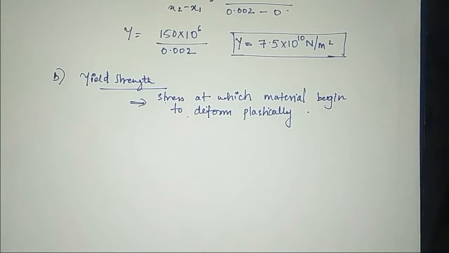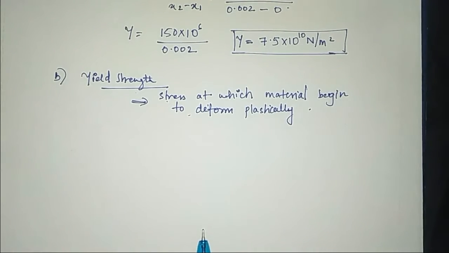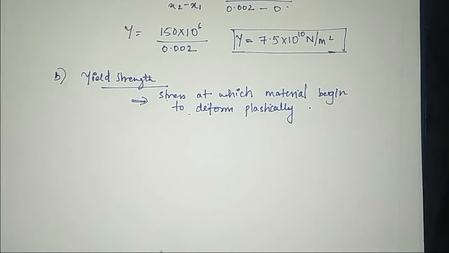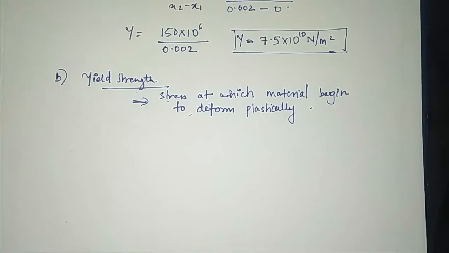So what do I mean by that? As you can see in the plot, there is a region where it is linear, where stress is directly proportional to strain. That is the region of elasticity, and after that it starts bending towards the stress axis. At that point the region is said to be plastic.